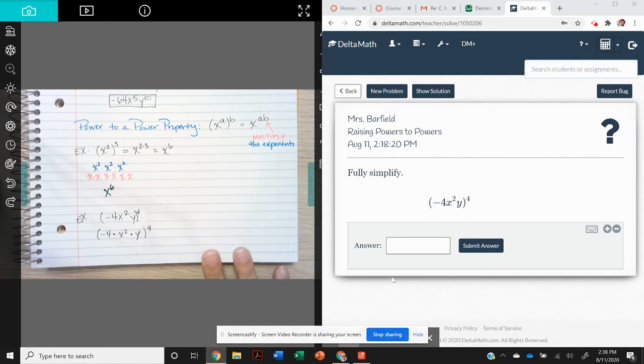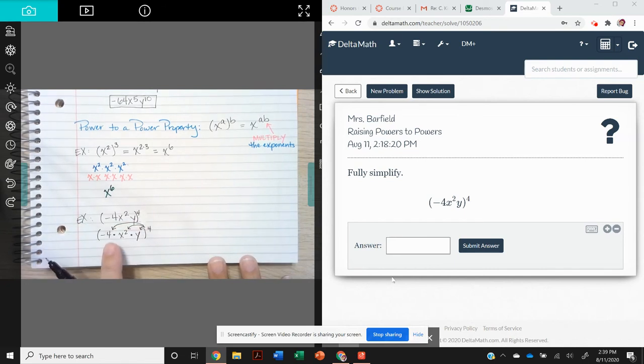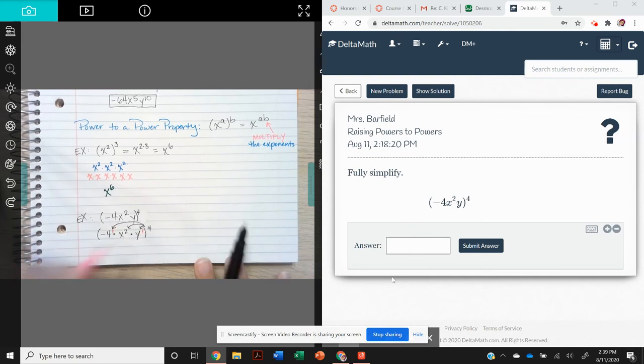So I'm going to take this 4, and if you remember the distributive property, it's kind of looking like the distributive property. We've got some exponents here that are hiding. There's a 1 right here, and there's a 1 right here.